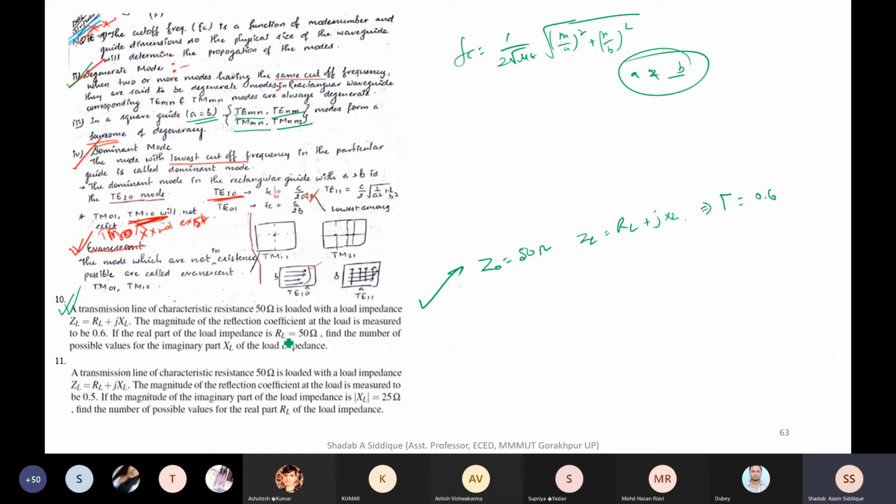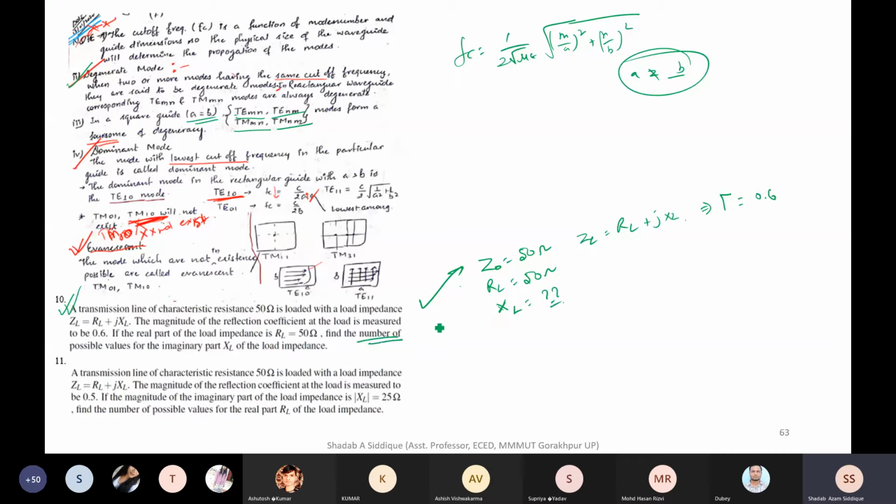The real part of the load impedance RL is equal to 50 ohm. Find the number of possible values for the imaginary part XL of the load impedance. So find the different possible values, or the number of possible values.